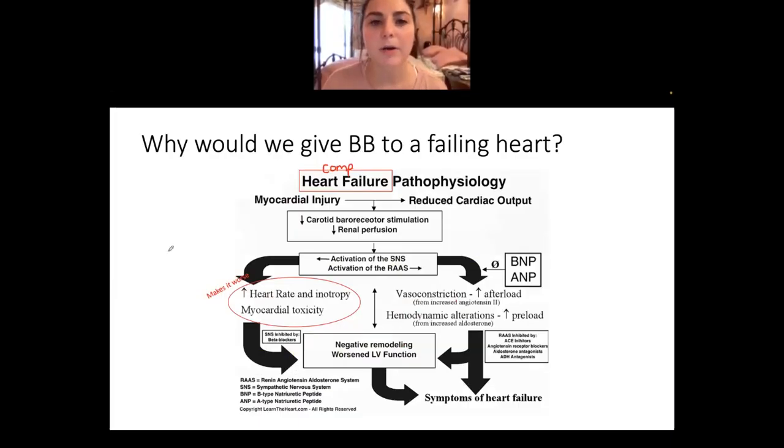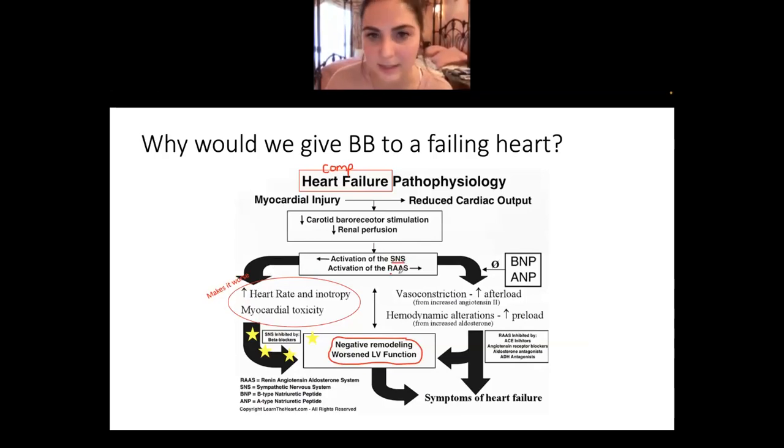So when it's talking about heart failure pathophys, why do you give beta blockers for heart failure? You're doing it to try and limit that remodeling. You're trying to not allow this remodeling and that eccentric hypertrophy to occur. So this is where beta blockers play a huge role in this process. It's the body's fault.